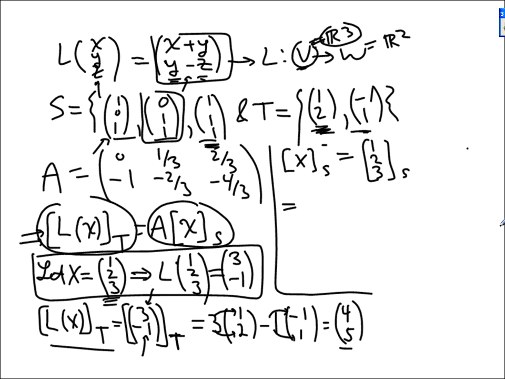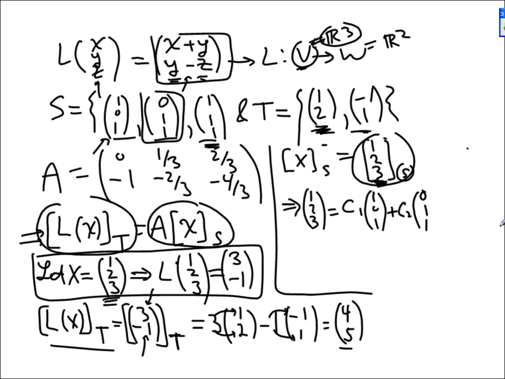So I want 1, 2, 3 to be some multiple of the first vector in S, which is 1, 0, 1, plus some scalar of the second vector in S, 0, 1, 1, plus a multiple of the third vector in S. If you want to solve such a thing, you write down each of these vectors as columns, 1, 0, 1, 0, 1, 1, 1, 1, 1, and you augment it with what you want, namely 1, 2, 3.